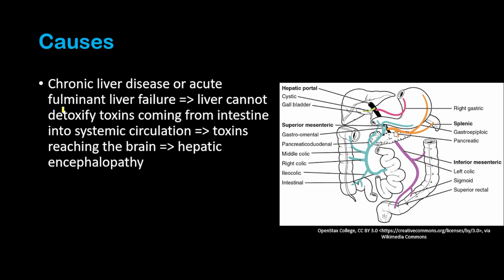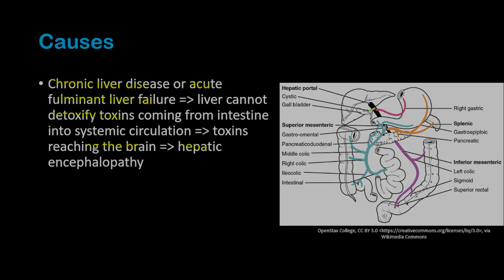Now, hepatic encephalopathy is caused by chronic liver disease or acute fulminant liver failure. So in these conditions, the liver cannot detoxify toxins coming from the intestine into the systemic circulation, and this would lead to the toxins reaching the brain, and this would lead to hepatic encephalopathy.